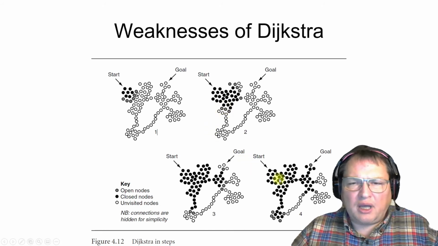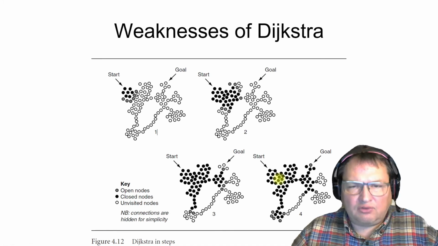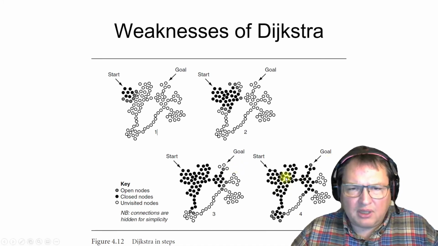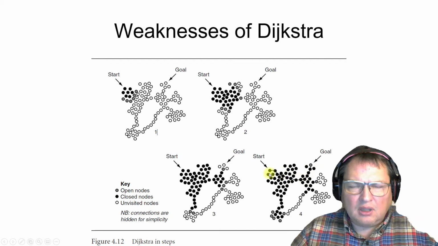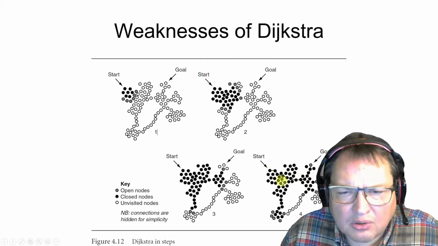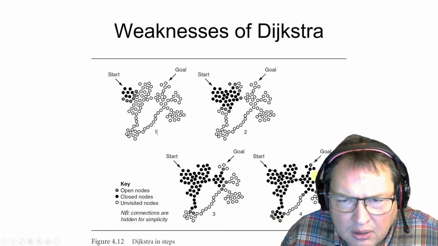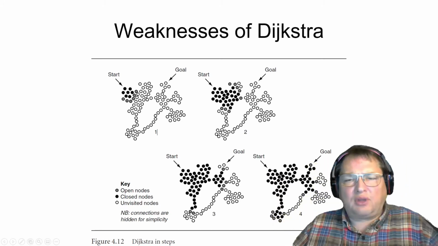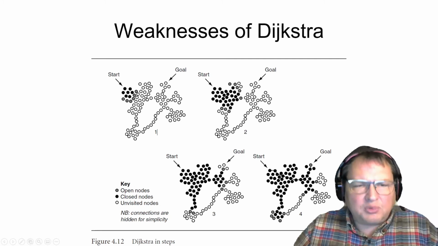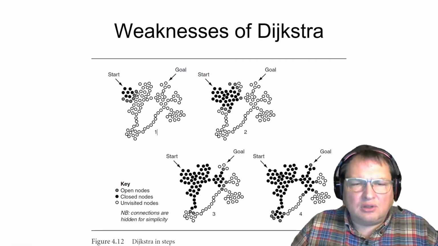By the time the algorithm finished by finding the path, and this path is nicely this way here, okay, but the closed nodes are all over the graph, and open nodes are also everywhere. There is actually a very small number of unvisited nodes.